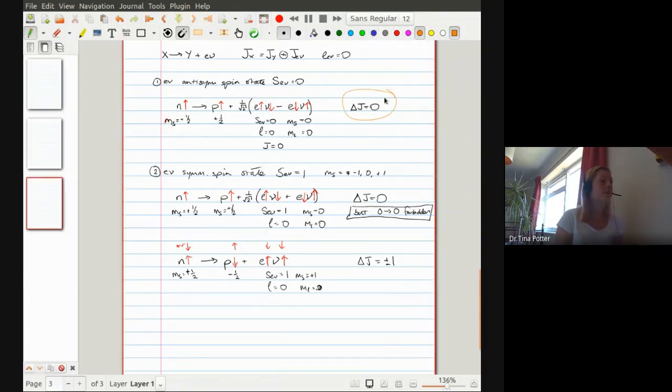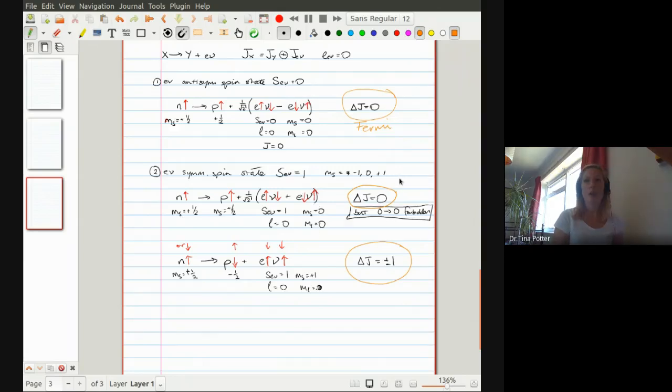All right. You can have a delta J of 0 when you have an anti-symmetric spin state. You can have a delta J of 0 if you have a symmetric spin state here, but 0 to 0 is forbidden. And you can have a delta J of plus or minus 1 here. And these are so-called Fermi transitions, when you have a spin 0 electron and neutrino state given off.